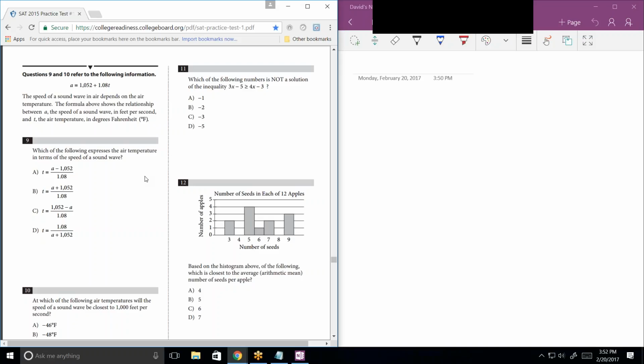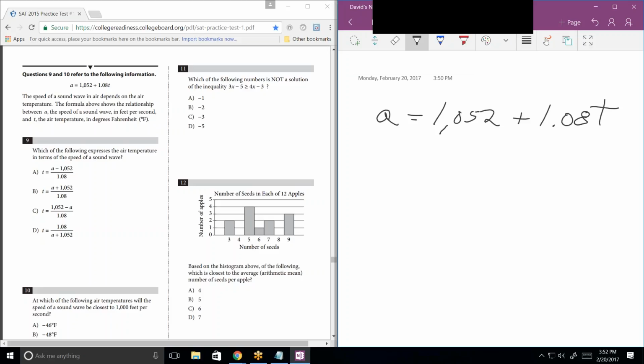What are all the answers for 10 again? Well, they're saying, here's the original equation. And they say, for what temperature of t will A be equal to 1,000?